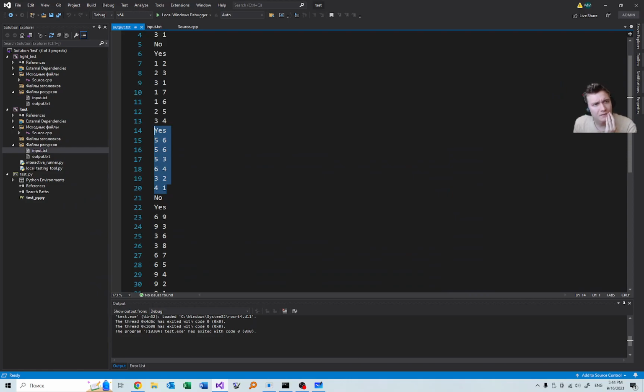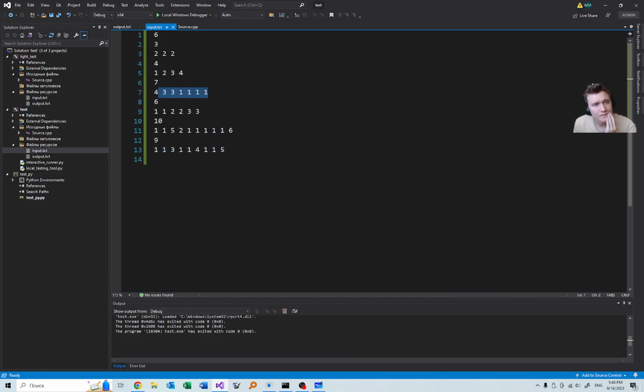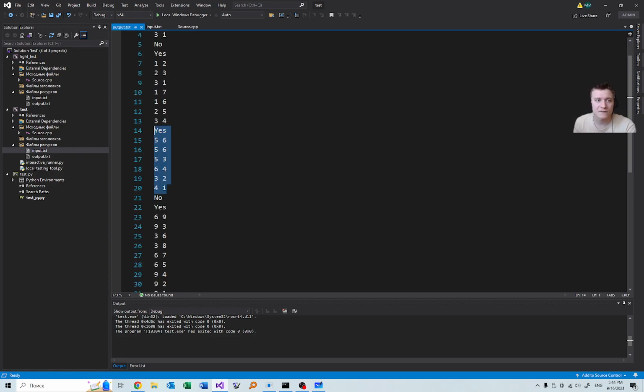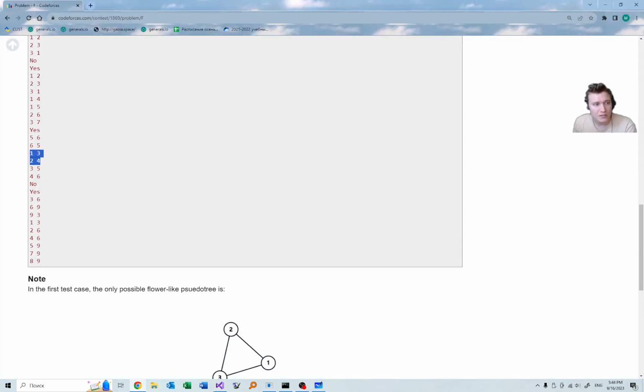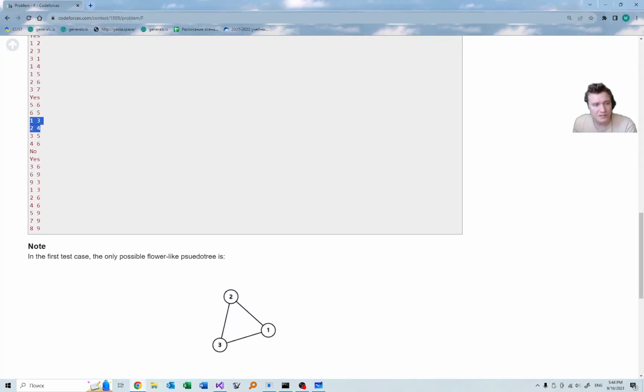But 1 and 2 are just leaves, so it doesn't matter. I could do it in the other order as well. The next thing is no, and finally we have this strange graph.